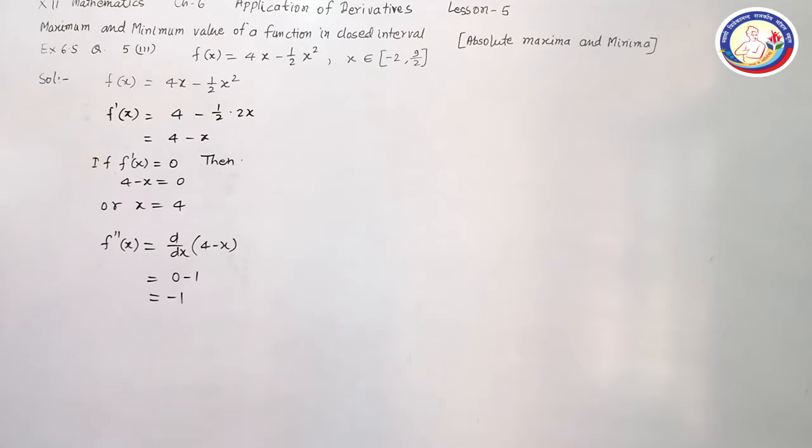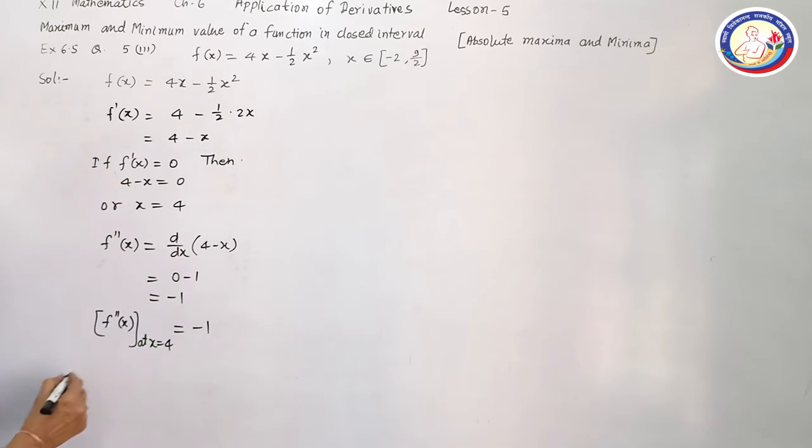And what about the value of the second derivative at x equal to 4? At x equal to 4, it is minus 1 because it is independent of x.